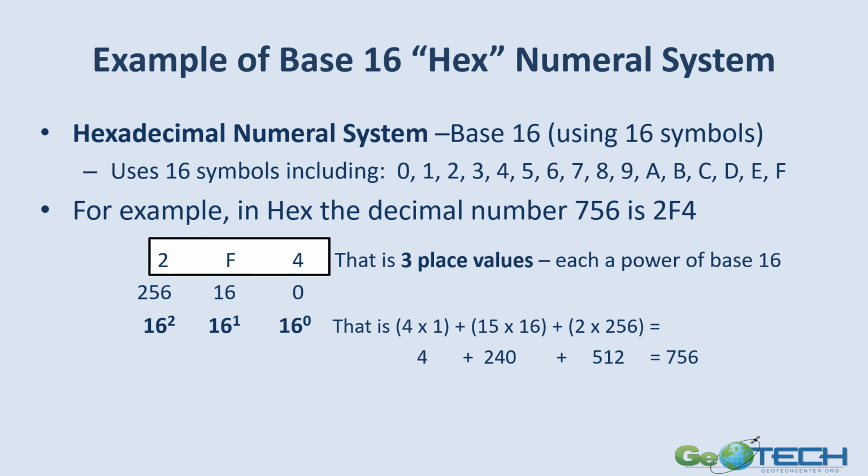If I start from the right again, I see that the 4 is in the place value of 16 to the 0 power, so 4 times 1. The second place value is an F, which is 15, so it's 15 times 16. And the third place value is 16 to the 2, and I happen to have 2 of those. When I add those values together, 4, 240, and 512, I get 756, or back to my decimal number.